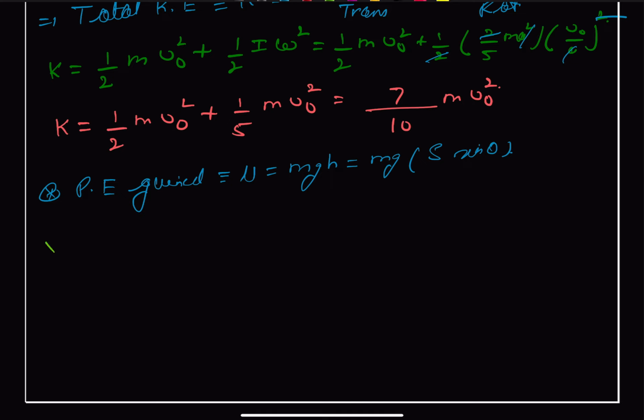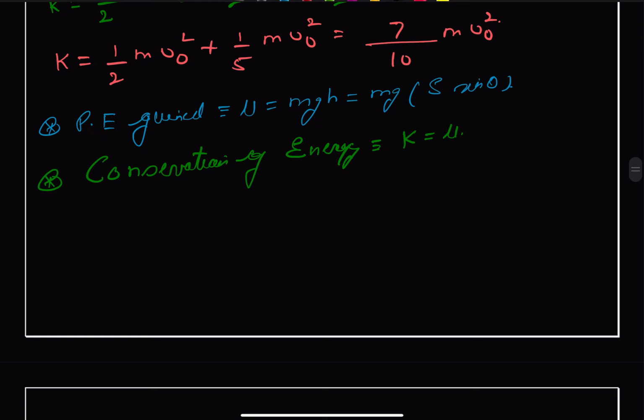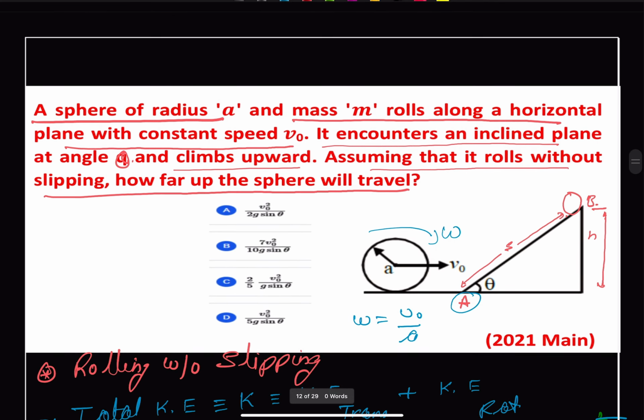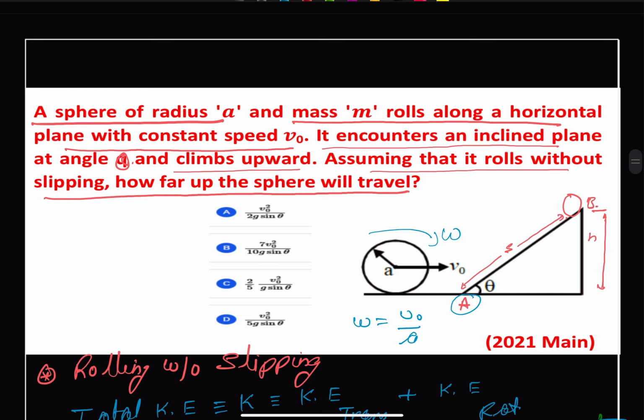So the total kinetic energy K should be equal to U. Therefore we can write that 7 upon 10 m V naught square is equal to m g s sine of theta, since we need to find out s.